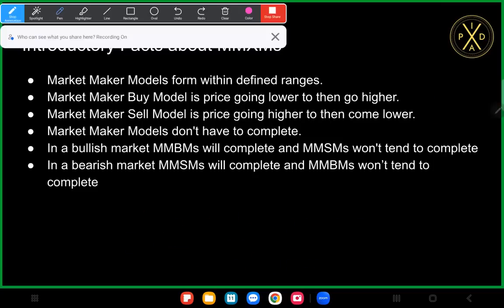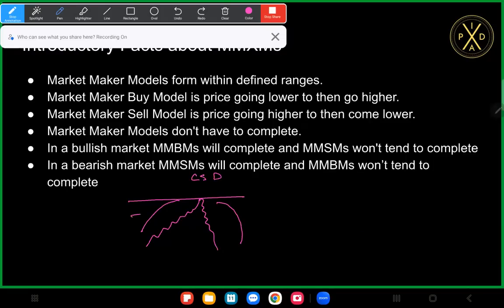And then similarly, in a market maker sell model, that's just price going higher to then come lower. So price is offering buy side delivery, and then something happens to cause it to then start to offer sell side delivery. And we understand that when price is going up, it meets something that causes it to change its state of delivery.